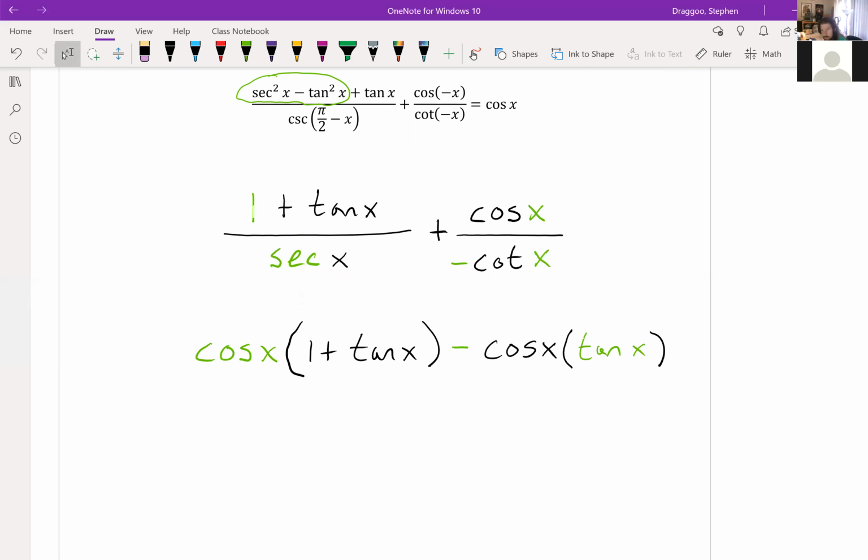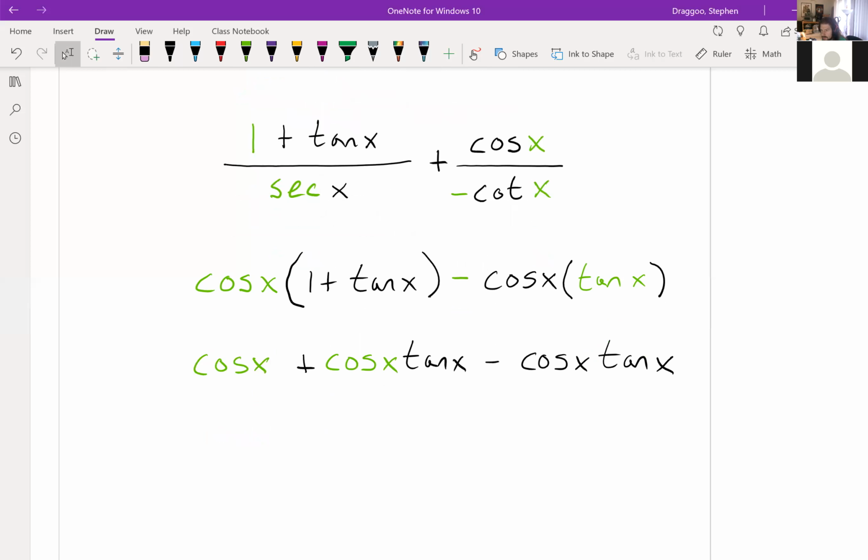So we maybe multiply some of this stuff through. This will be cosine x plus cosine x tangent x minus cosine x tangent x.